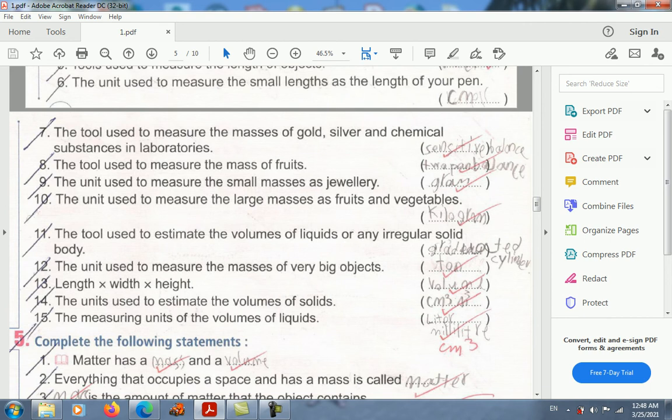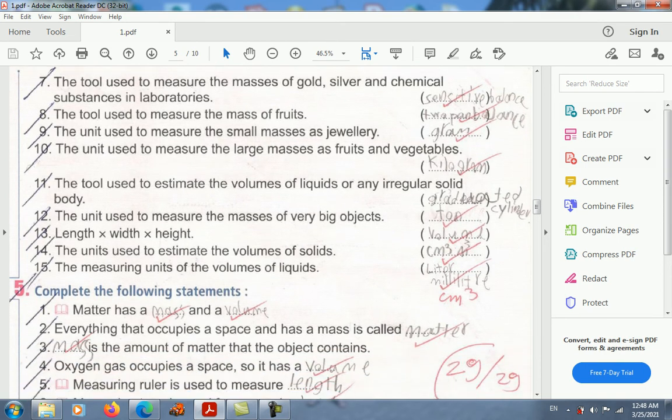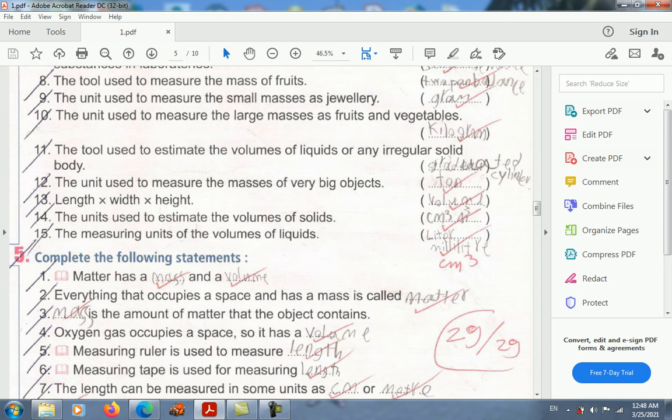6. The unit used to measure the small length as the length of your pen. Of course, it's going to be centimeter. 7. The tool used to measure the masses of gold, silver, and chemical substances in laboratories. Sensitive balance. 8.